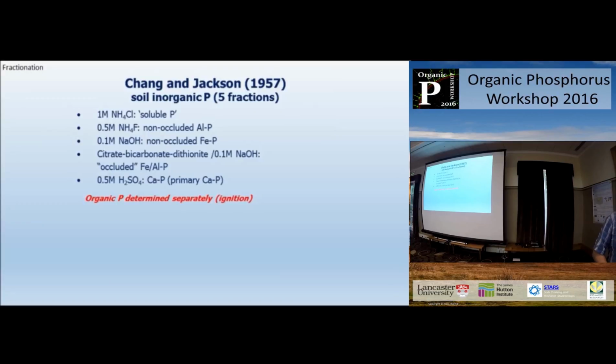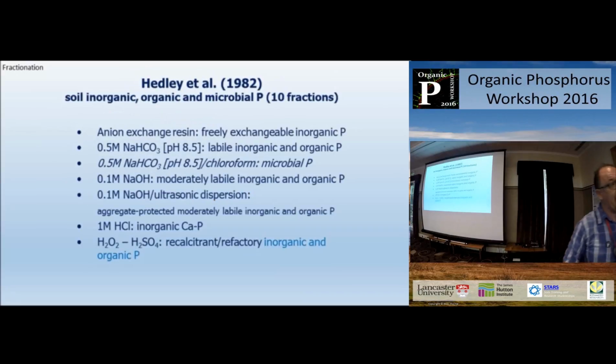And the original fractionation scheme was actually all about inorganic phosphorus, and it was all about looking at what happens to fertilizer, the fate of fertilizer in soil. And organic phosphorus was determined separately by using ignition. But the principle is actually the same in terms of what's come after it. And there are any number of variations on it. And I'll just show you the most famous one of all, which is the Hedley.